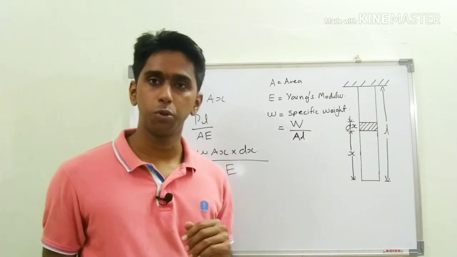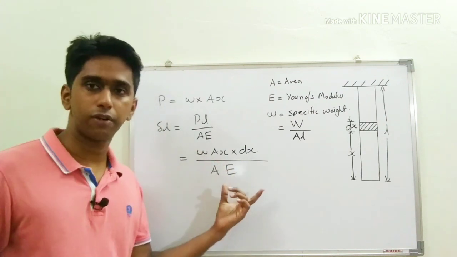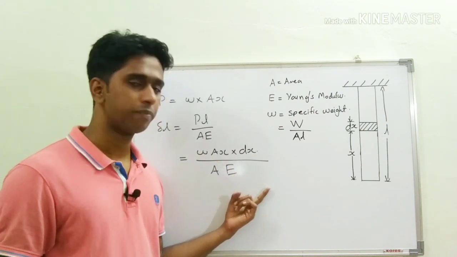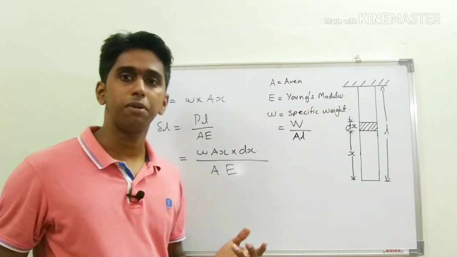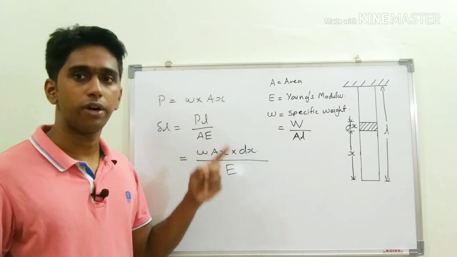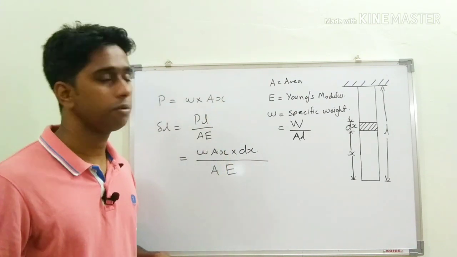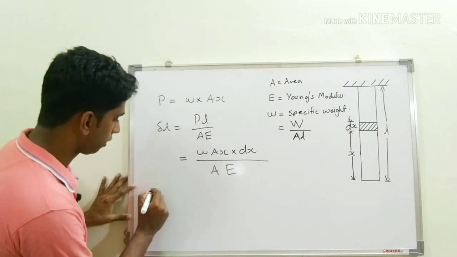Now we have found the deformation of the differential element under its own weight. Now we have to extend this concept to the total volume. That means we have to integrate between 0 to L to find the total deformation of the body due to self-weight.